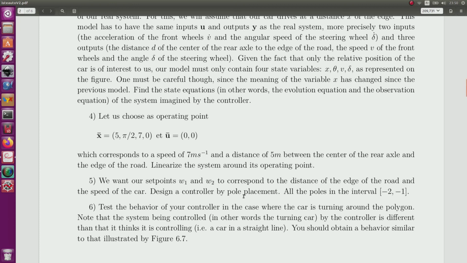For this, I will use a pole placement method, and I will place the poles around -2 and -1. I have to take care not to take all of them at the same point, because many pole placement algorithms are very sensitive to the poles being placed in the same place. It depends on the algorithm which is used, but in Python, the one in SciPy is not very robust with respect to this aspect. That's why I have to choose them quite separated.